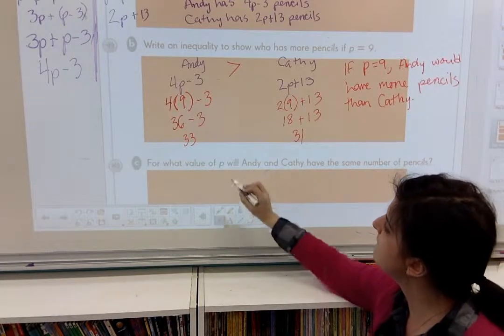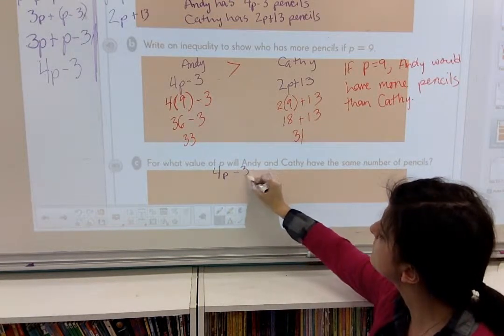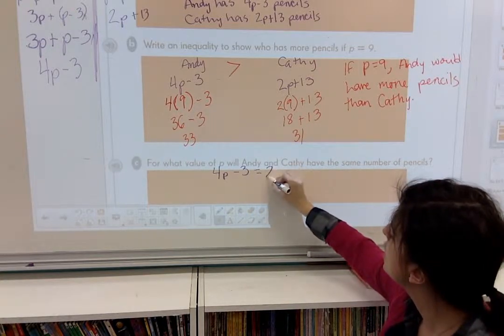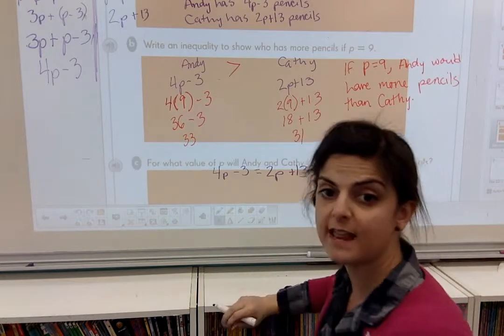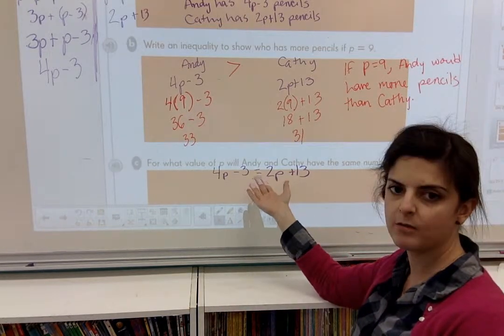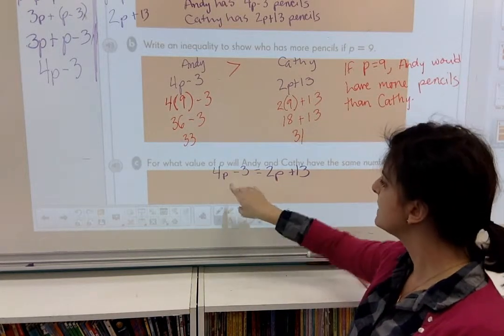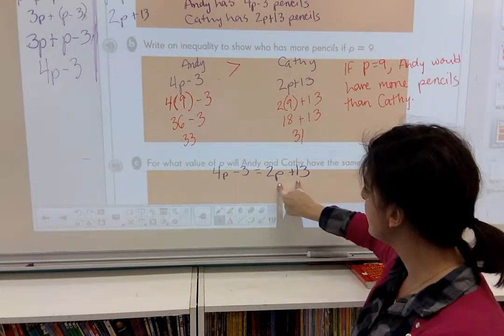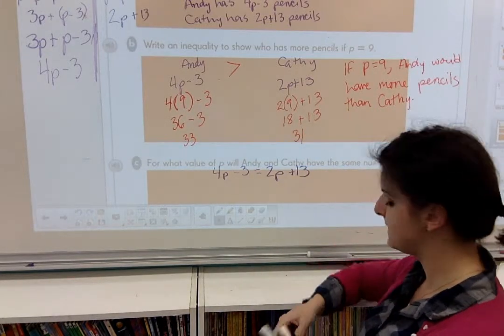But if we said that 4P minus 3 equals 2P plus 13, you just have to figure out what P equals, and you do it by balancing the equation. We're saying this is equal to this, and when we do that, we will find out what P is.